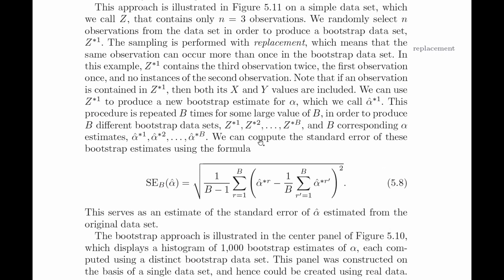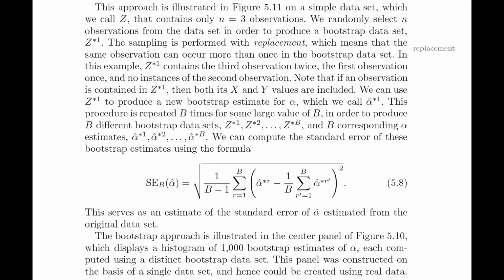This approach is illustrated in figure 5.11 on a simple data set, which we call Z, that contains only 3 observations. We randomly select n observations from the data set in order to produce a bootstrap data set, Z asterisk 1. The sampling is performed with replacement. We had repeated observations earlier, which means that the same observation can occur more than once in the bootstrap data set.